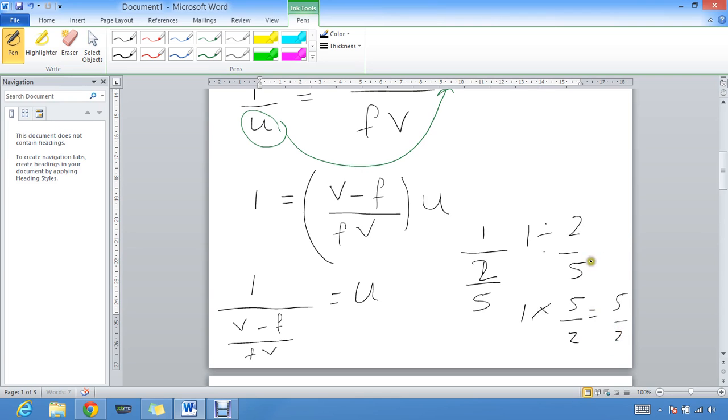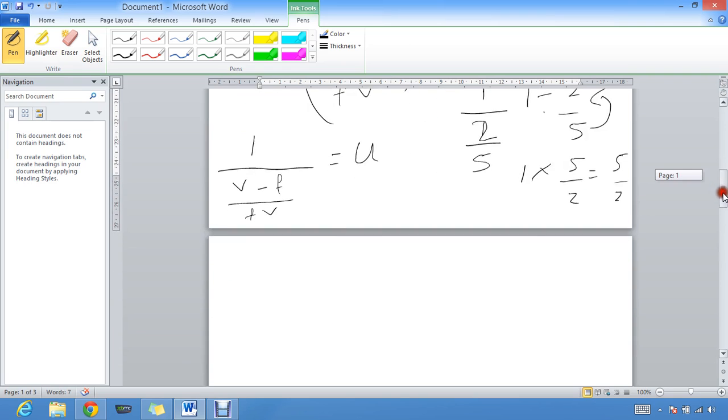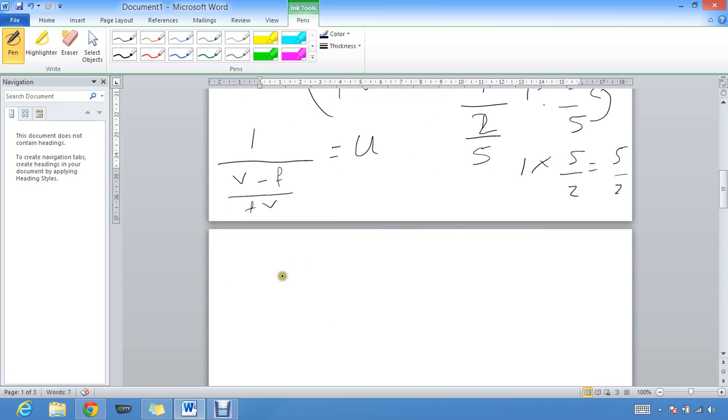So you're simply just reversing these, you just bring that over there. So in this case it'll be the same thing, just switch them over. So what you have is fv over v minus f will equal u, and that's how you make the subject of the formula.